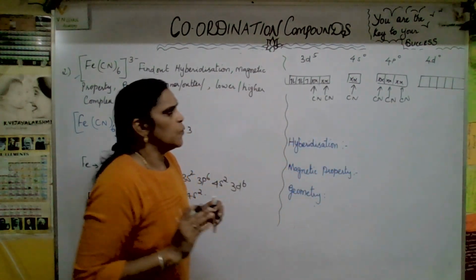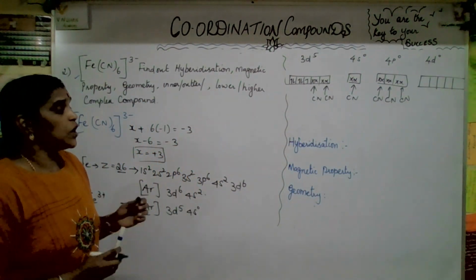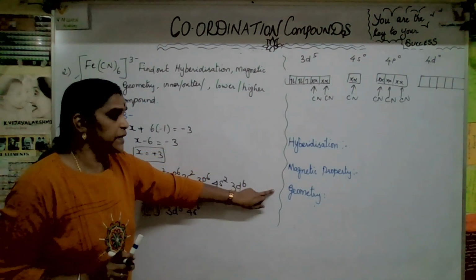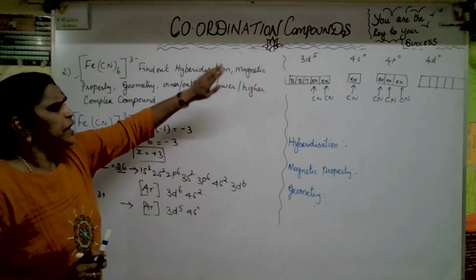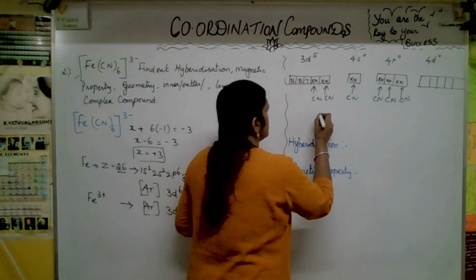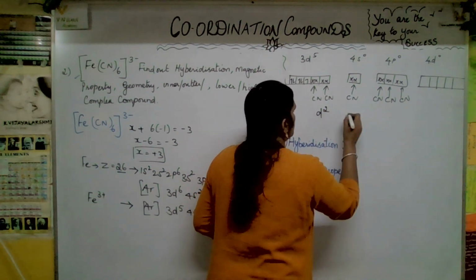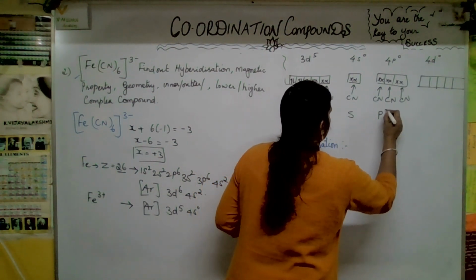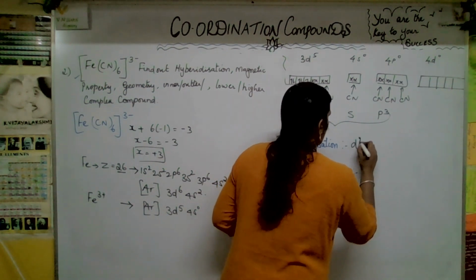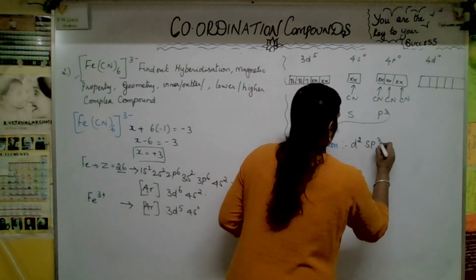So now we have to find out those points: hybridization, magnetic property, geometry. Okay, now first, hybridization. What is it? This is d2sp3.